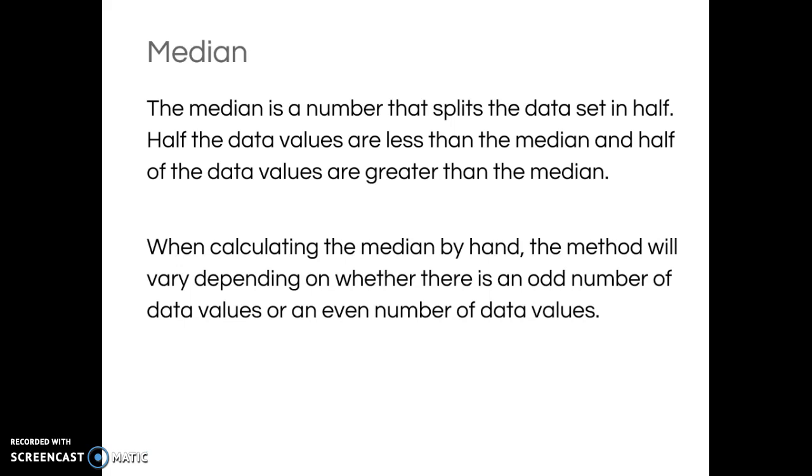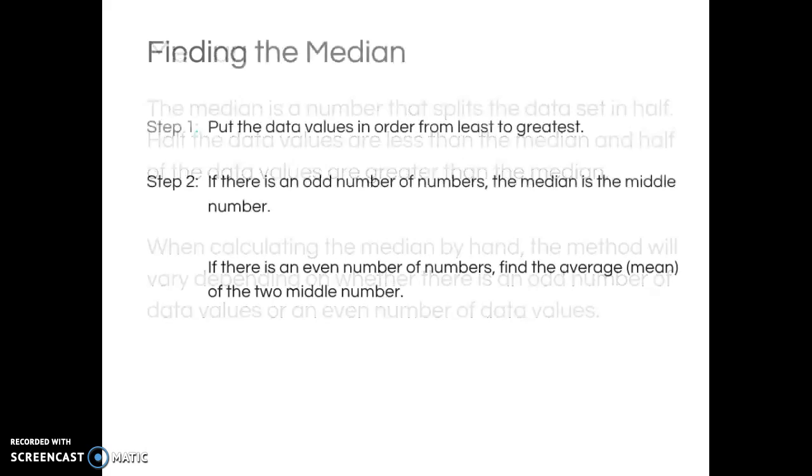And if you think about it, if median is the middle number, if there's an odd number of numbers, there's an exact middle number. But if there's an even number of numbers, there's not a number exactly in the middle. So we have to change our approach depending on how many numbers there are.